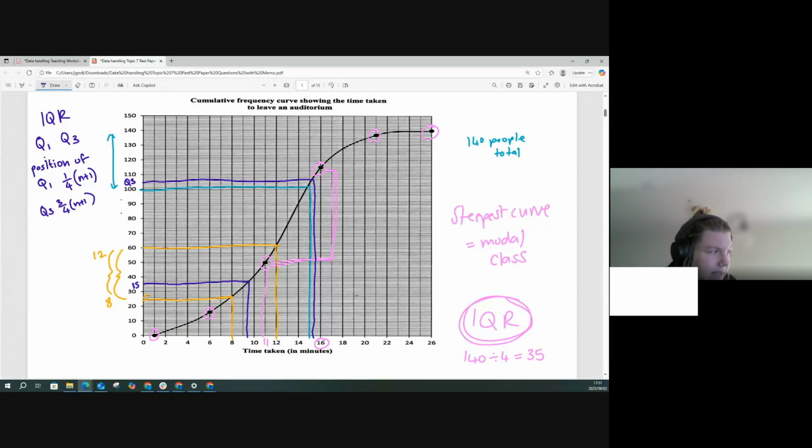And so let's see, this number, let's say that's like 9.5 minutes. And this one, we can say that's about 15.5 minutes. So our interquartile range would be 15.5 minus 9.5. And that's just going to give us 6.